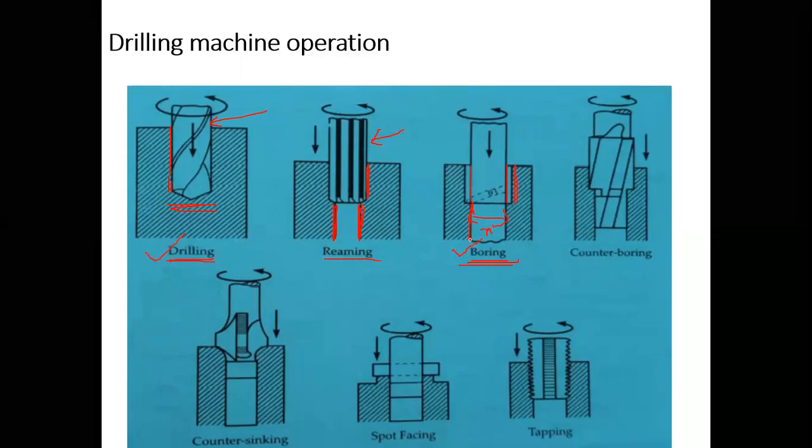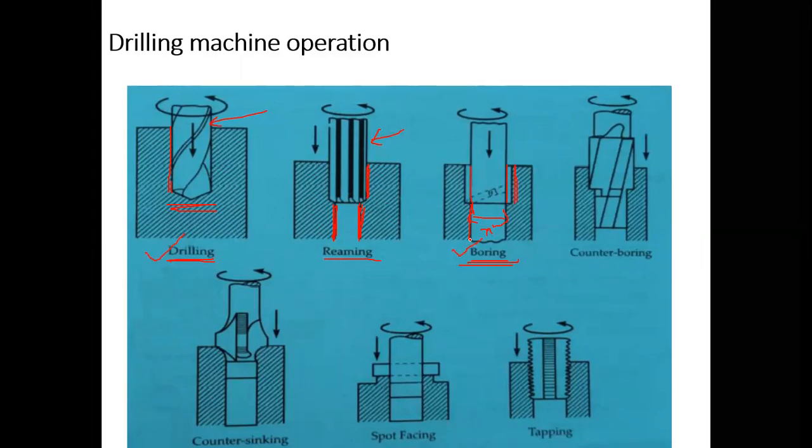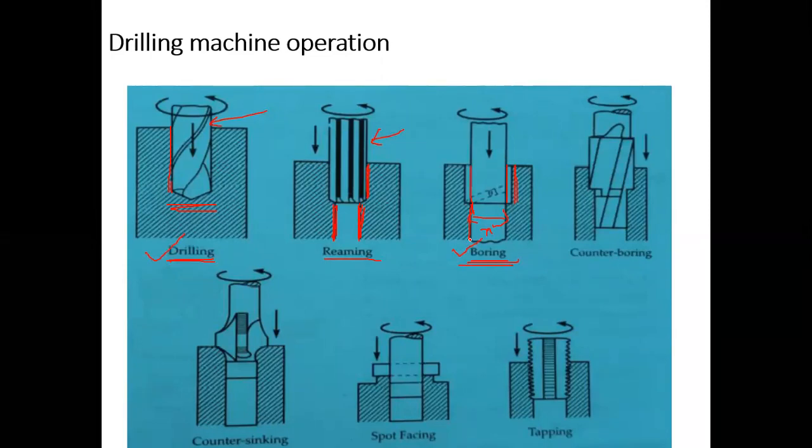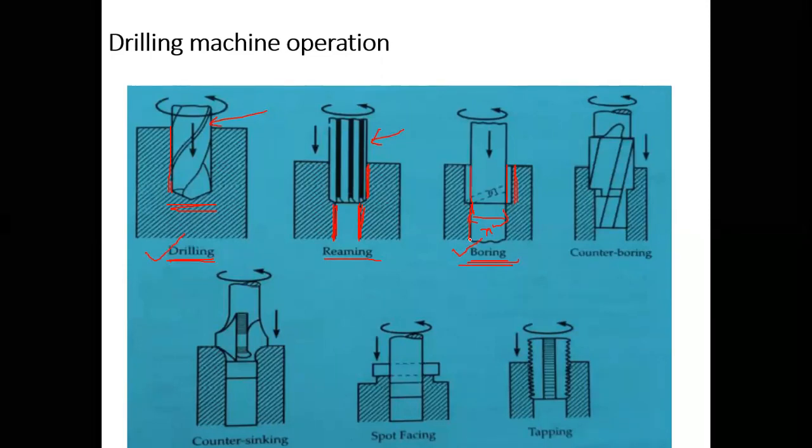Normally, when we make holes of very big sizes, we do not make them at a time. For example, if we want to make a 50 mm hole in a workpiece, maybe it's not possible using a portable drilling machine or a sensitive drilling machine. If you have a sensitive drilling machine and want to make a 50 mm hole in a single operation, it is not possible, because that big a drill bit cannot be used in the sensitive drilling machine.